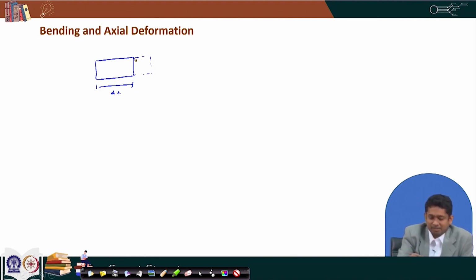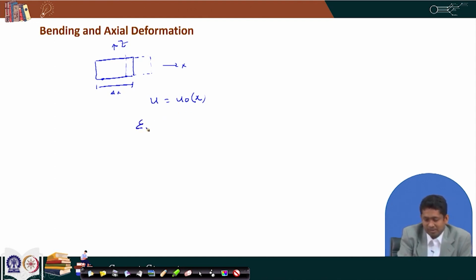In that case, the displacement along x at all the points along z remains the same. So, now u is just u 0 and it is just a function of x. So, this point can have a separate displacement from this point, but along z the displacement u 0 remains the same. So, u is just a function of x, which we call u 0.